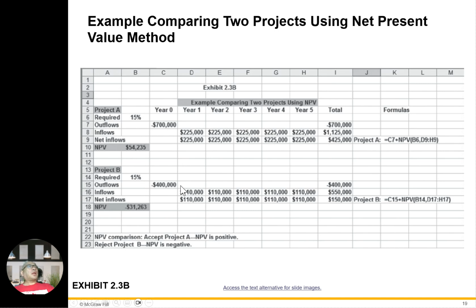Project B, 15% required, 400,000, inflow 110,000 for 5 years. Then you get 150 minus 131. So net for project A is positive, so it is accepted. B is negative, so it is rejected. That's how you calculate the net present value method.